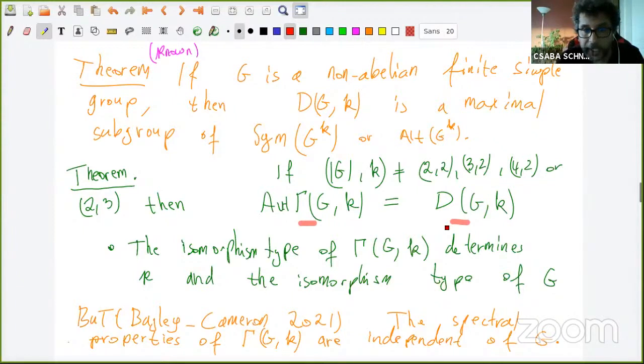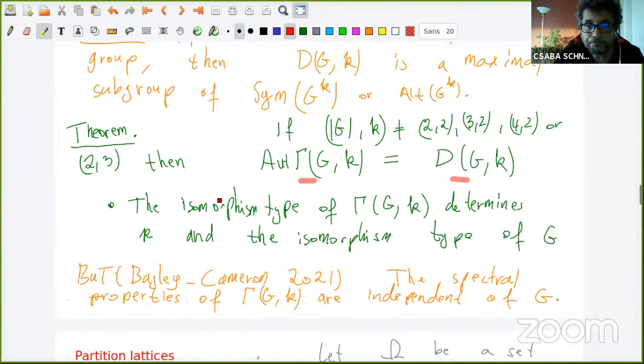And another interesting fact that also occurs in this paper is that the isomorphism type of the diagonal graph determines the number K and the isomorphism type of G. So you see, you can take two finite groups which are not isomorphic, and the same number K. Then you get two graphs which have the same number of vertices, the same number of edges, the same valency, and lots of the same graph theoretic properties.